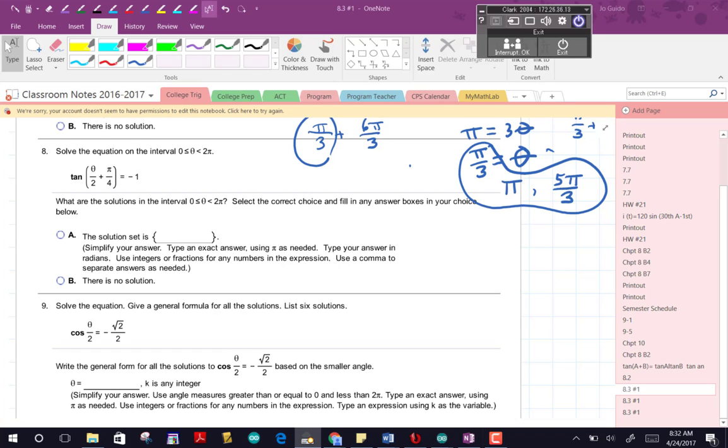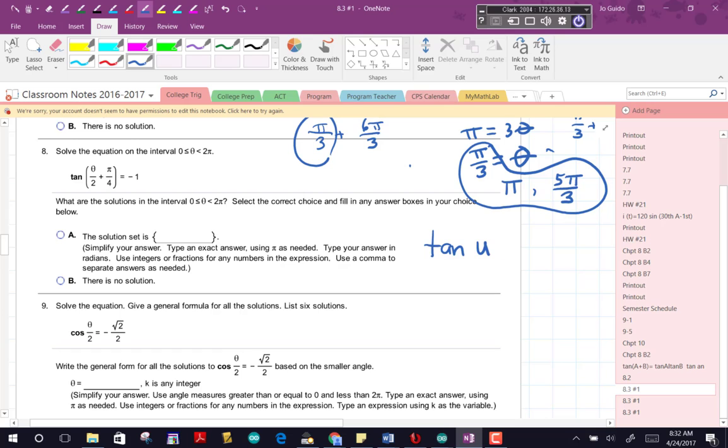Okay, so I like U substitution, and if you get the hang of U substitution now, then when we have to use it in calculus, it's going to make a lot more sense. So if I take this equation and I substitute all that stuff, I substitute U for the stuff inside, that's equal to -1.